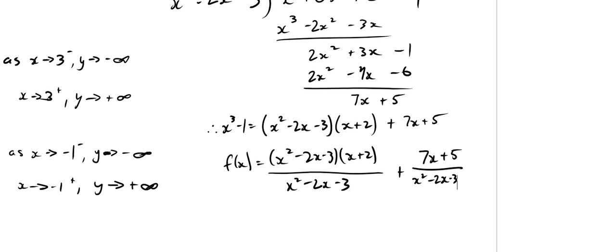What matters is that you get it exactly right. We can't ignore exactly what the remainder part is because that's what's going to determine whether we're just above or just below the slant asymptote. So we have to have it set up right. But it does look quite different, but that's fine. So these guys are gone, and we get x plus 2, there's our asymptote, plus 7x plus 5 over x squared minus 2x minus 3.